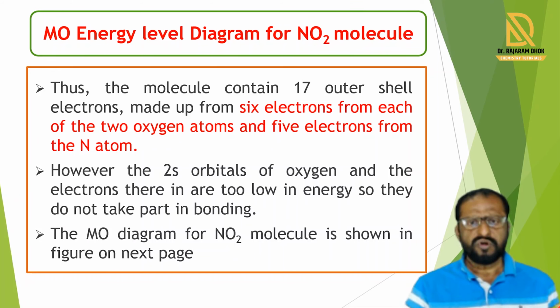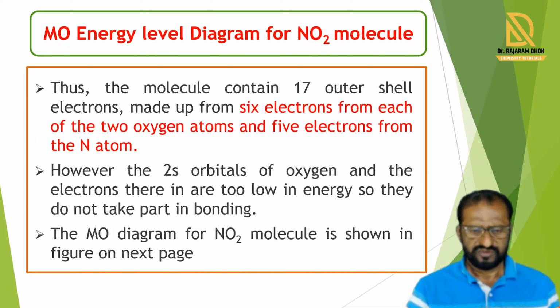The total number of electrons in the NO2 molecule is 17, and in that 17, 6 electrons are from each oxygen atom and 5 electrons are from the nitrogen atom.